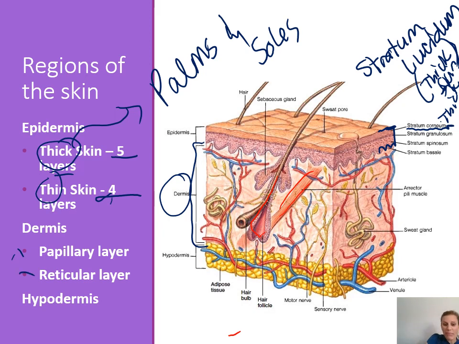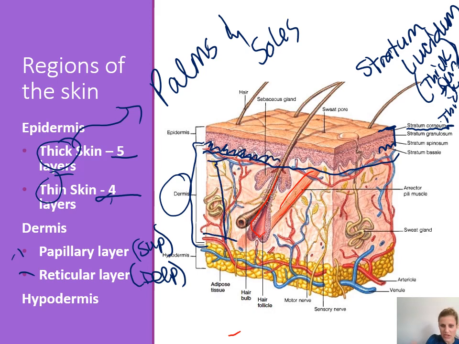The papillary layer is the superficial region. The reticular layer is the deep region. The papillary layer is really small. It's just like from about here up. So it's just this top part of the dermis here. And then the reticular region, or the reticular layer, represents most of the dermis.